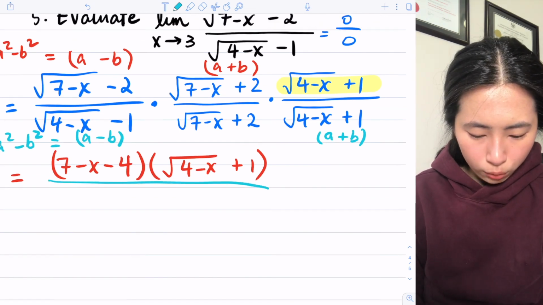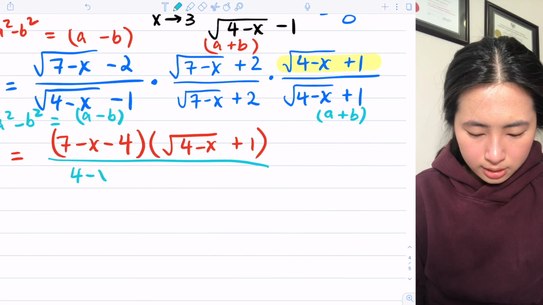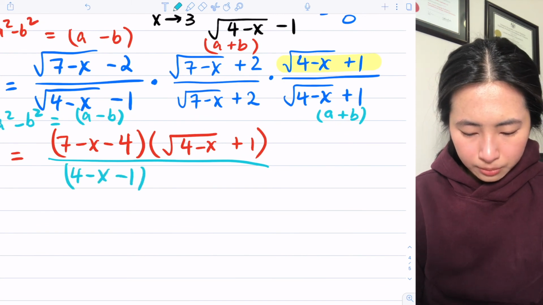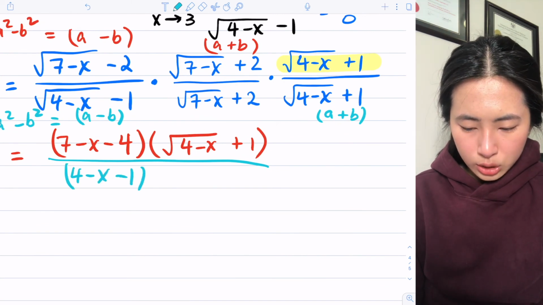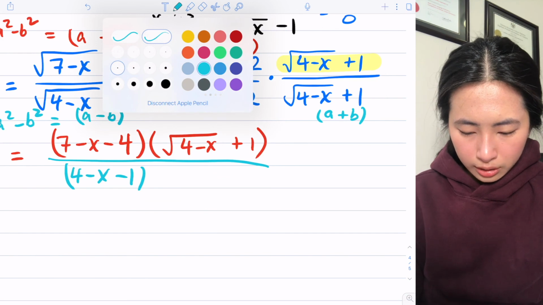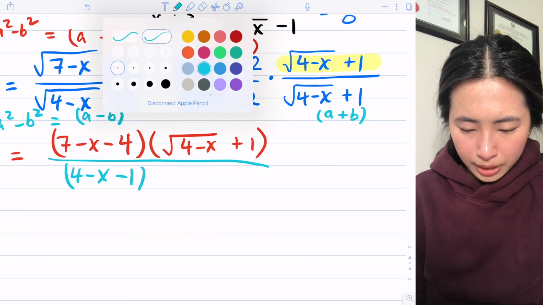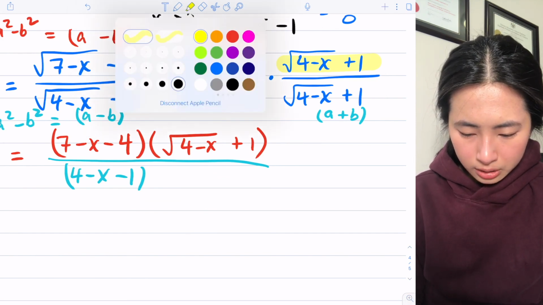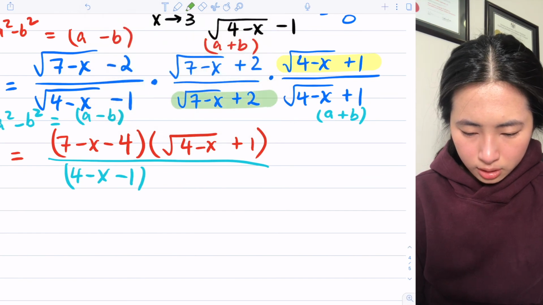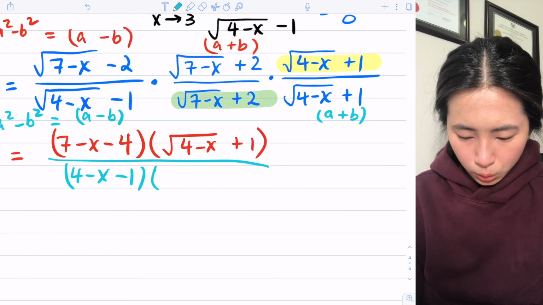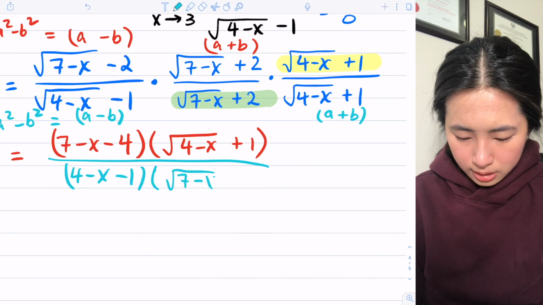So this is going to be over 4 minus x minus 1. And don't forget to multiply this to this expression, which will be highlighted in green. So this would be multiplied to square root of 7 minus x plus 2.